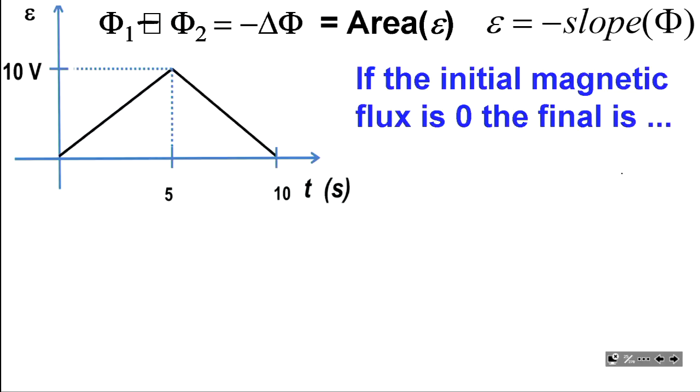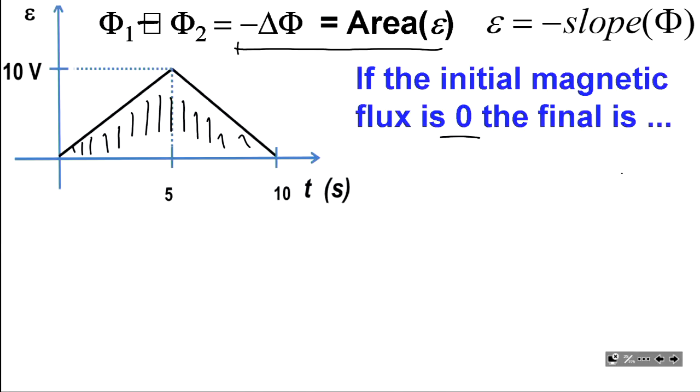We know from the analogy between x, v and phi, epsilon that the area of this graph should be equal to the difference in flux, and the initial is set to 0.